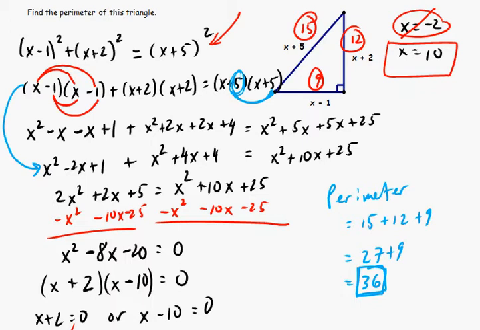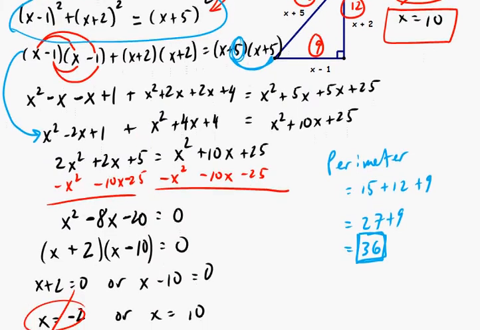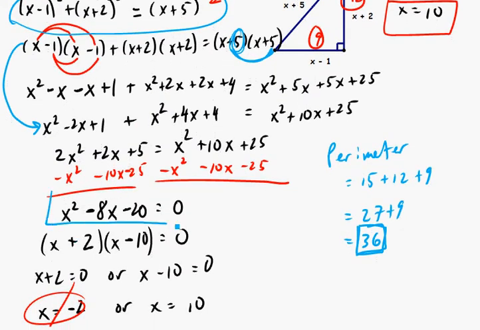So just to recap, what we did in this problem was we took a right triangle and we used the Pythagorean Theorem in order to write this equation. We then used our algebra skills to simplify that equation and get it into standard form here.